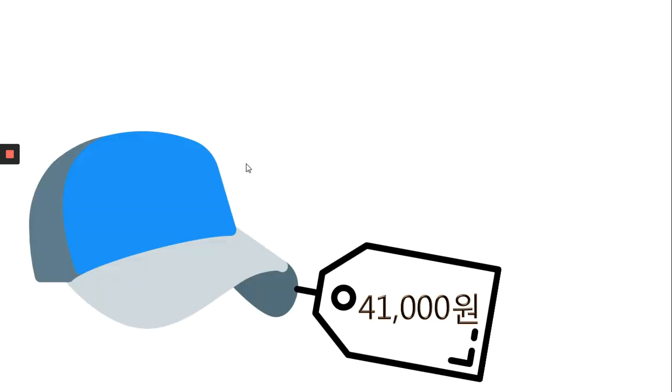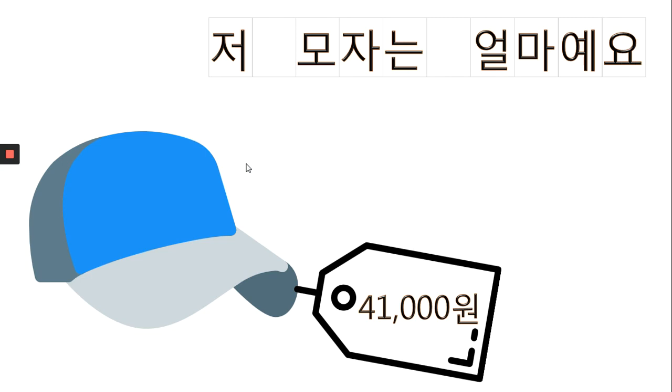Hat or cap. Okay, cap. Oh, it's quite expensive. That cap, okay, that one away from both of us. 저 모자는, topic marker. And how much? 얼마예요? 저 모자는 얼마예요? Okay, this is 1, 10, 100, 1000, 만. So 4만.